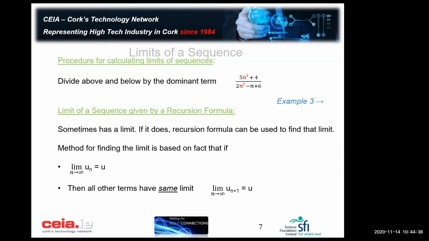In other words, the limit of u of n plus 1 as n approaches infinity is u as well. It's the same as the limit of u of n plus 1,000 as n approaches infinity is u. Okay? So again, I've highlighted the points that you need to remember, and they're the ones that will help you in solving your questions.